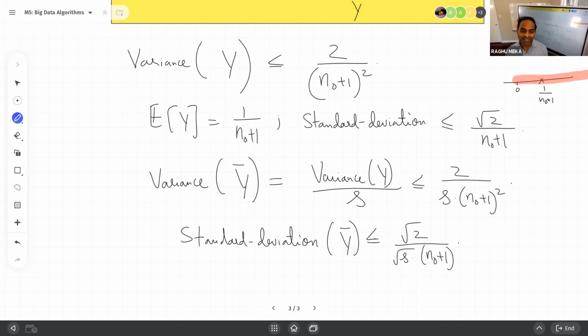If I take S to be sufficiently big, then maybe my standard deviation will be sufficiently small so that I get a tiny interval around my expectation. Final question: if I know the variance and expectation of a random variable, what tool can I use to get an estimate on the reliability? Any guesses?